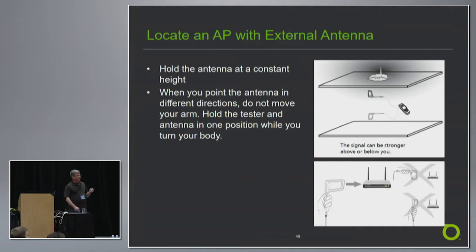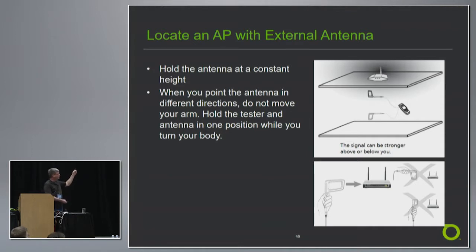You also want to make sure that you hold the unit and the antenna fairly stationary and move the whole thing as one. Because the cable that connects the antenna to the AirCheck is also picking up signal, if you're moving that around, you'll see the signal jump up and down. So try to keep it fairly stationary.